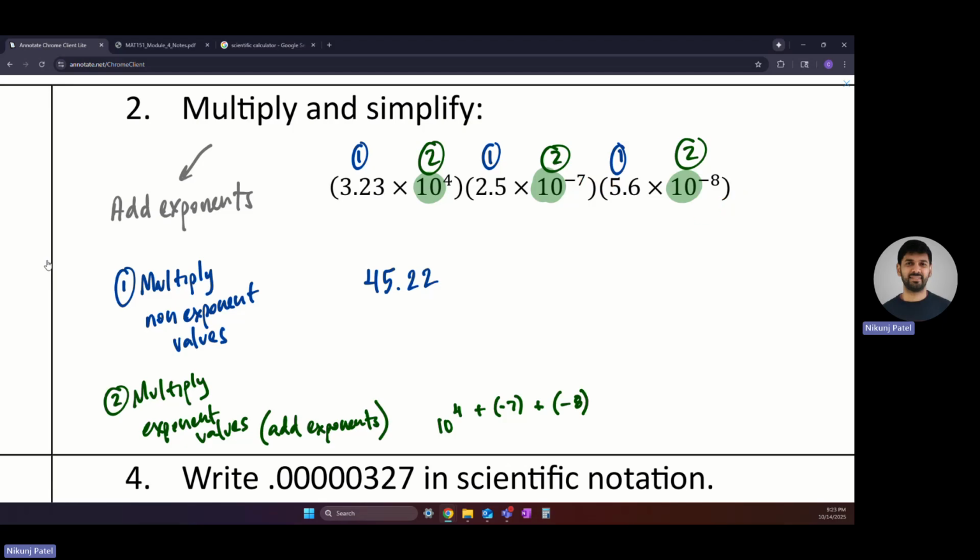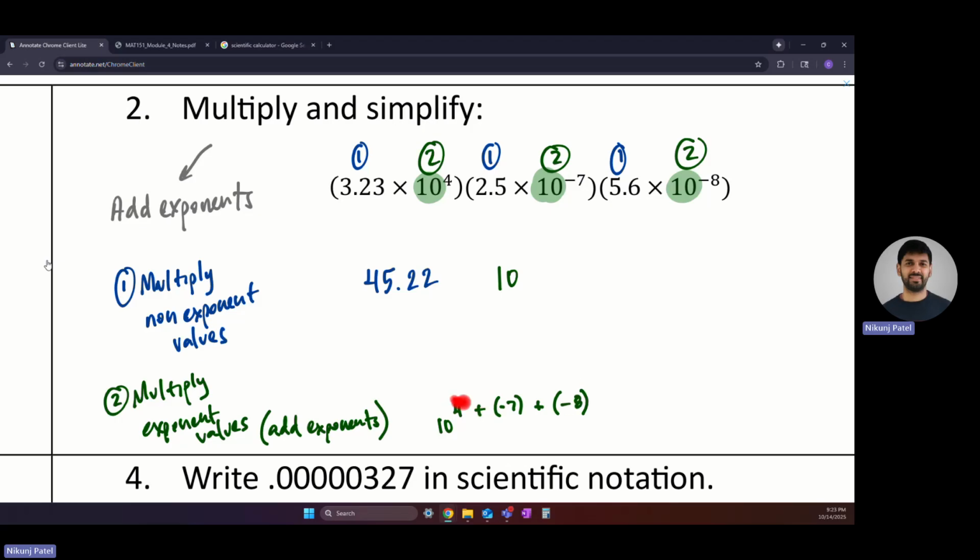So we end up getting a 10 again, the 10 stays, and when we add up these exponents, 4 plus -7 plus -8, since we're adding these negatives, it's kind of like subtracting. So it's sort of like adding or subtracting the exponents depending on if they're positive or negative. In this case, we do 4 minus 7 minus 8, or 4 minus 15, whichever way you want to approach that.